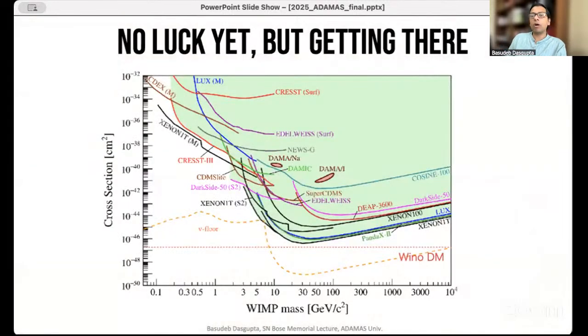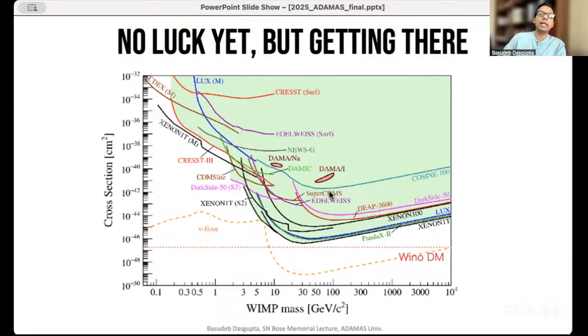This has been going on for many decades now, and there have been many, many orders of magnitude improvement in the rate of interactions of these dark matter particles with protons that can be probed. This has been studied, and all these colored regions are couplings as a function of the dark matter mass that are now ruled out, that dark matter cannot be something with a mass of 100 GeV and a coupling that looks like this.